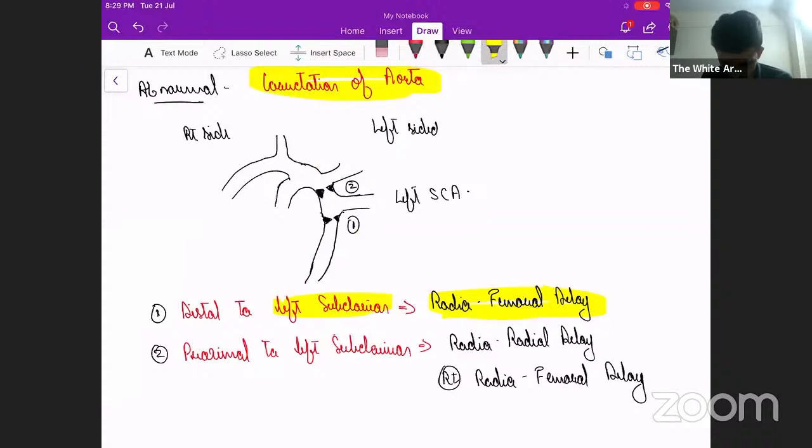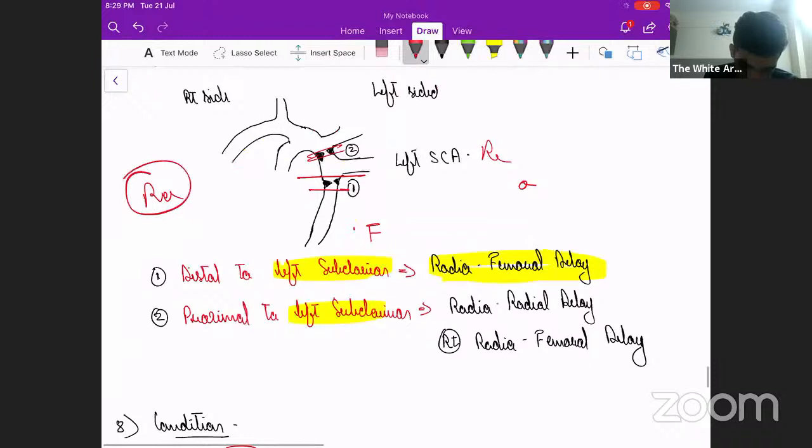And if it is proximal to the left subclavian, you will get a radial delay. So if it is over here, then you expect a radiofemoral delay. If it is over here, then you get a radial delay, or you get a right-sided radiofemoral delay or a radial delay.